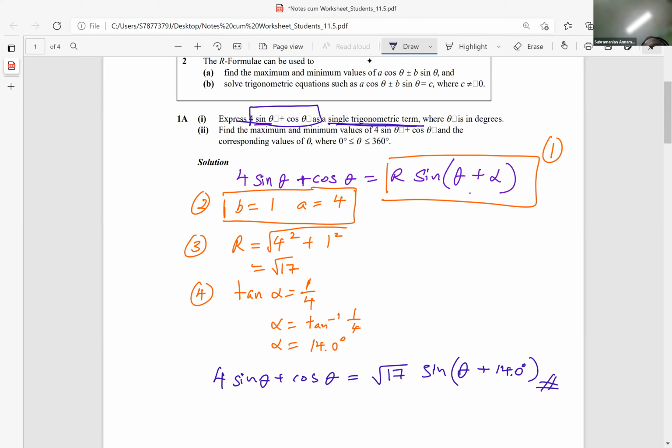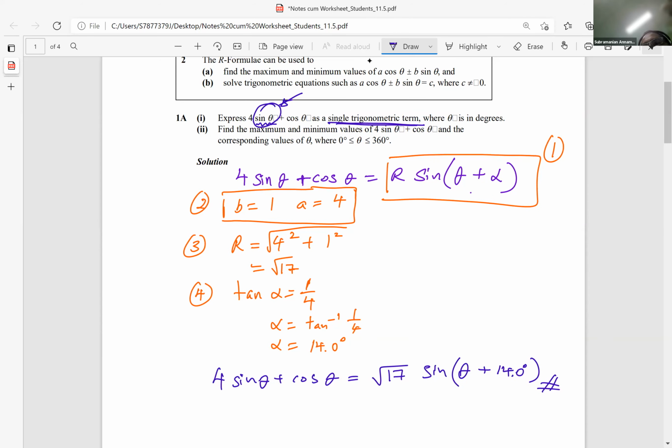So the first thing we need to do is identify first what R formula to use. Is it the sine or the cosine? That is based on the first thing that you identify here. If you start with cosine, then it should be the cosine addition formula. But since this is sine, I choose sine as well.